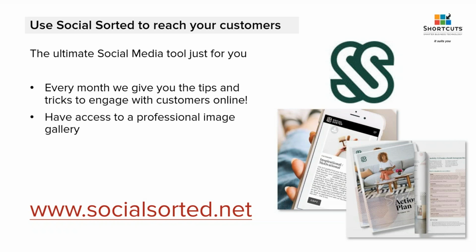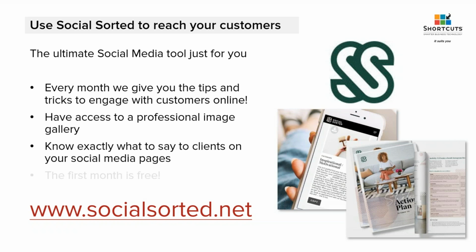So, Social Sorted. Shortcuts has started a new service, a new feature called Social Sorted. And this is probably the best way to keep your customers engaged, to stay in contact with them on all of your social media platforms.